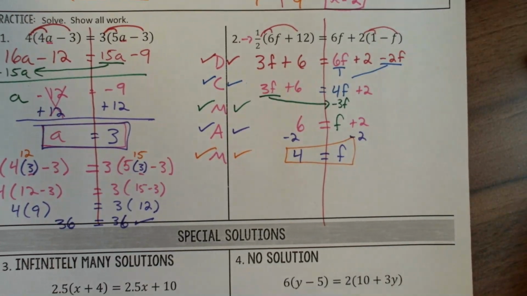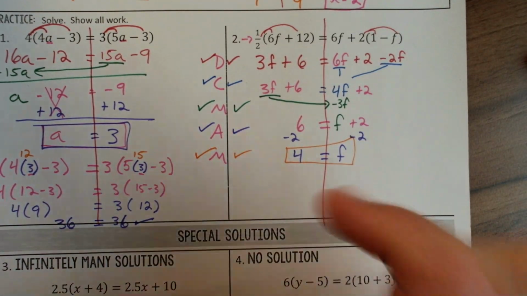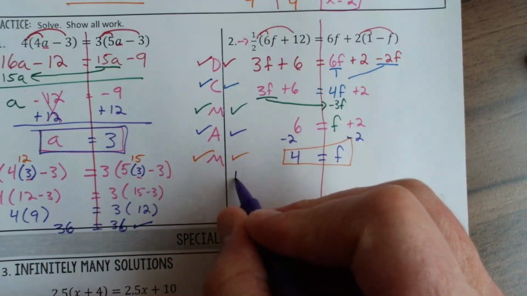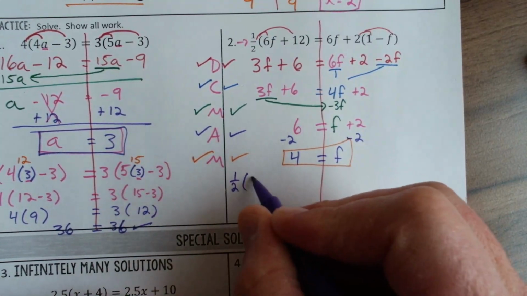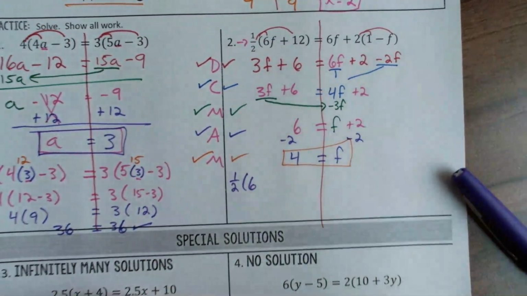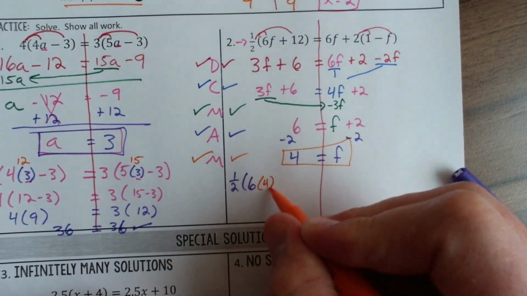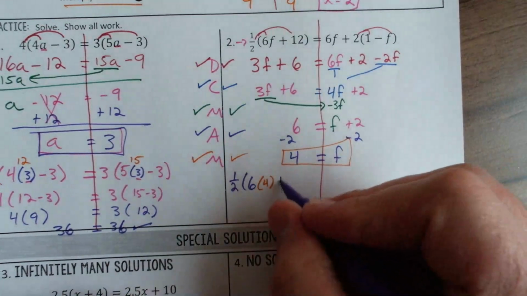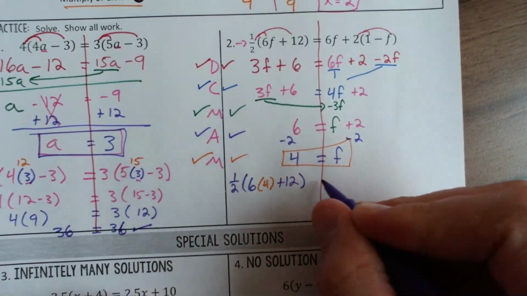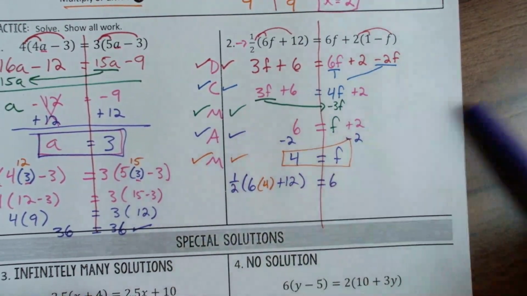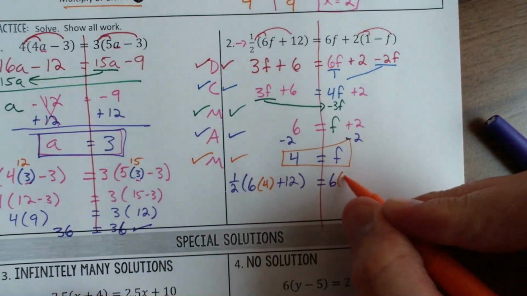And if I tested this, I'm going to rewrite this whole thing. 1/2, 6. I'm going to input my 4. Plus 12 equals 6. Substitute my 4.